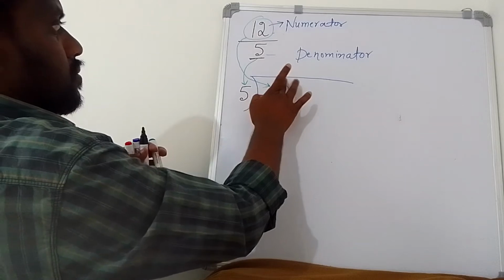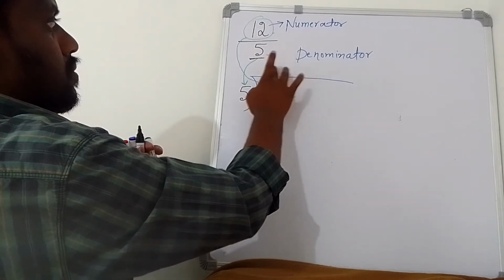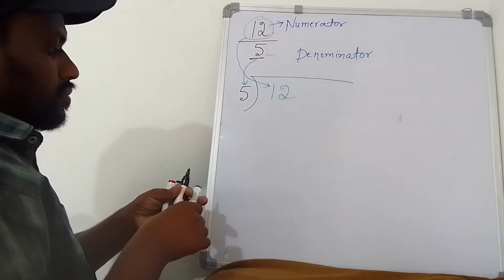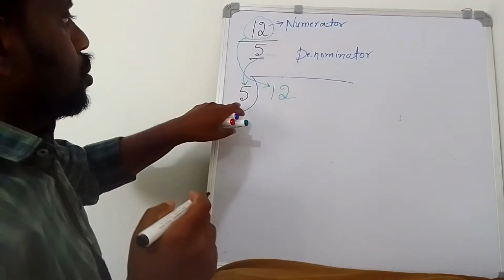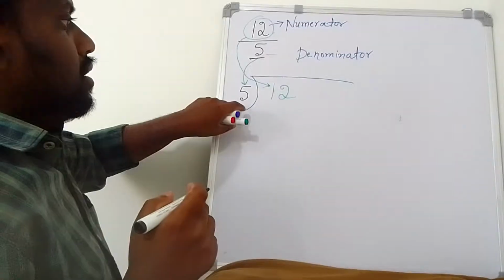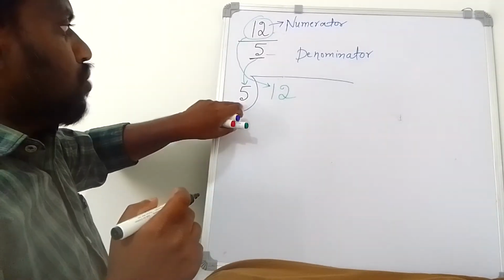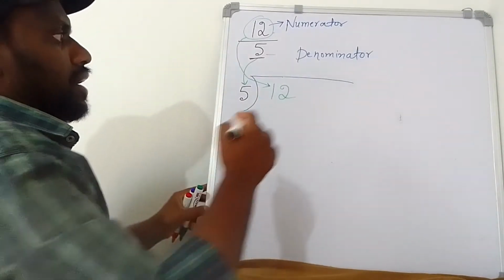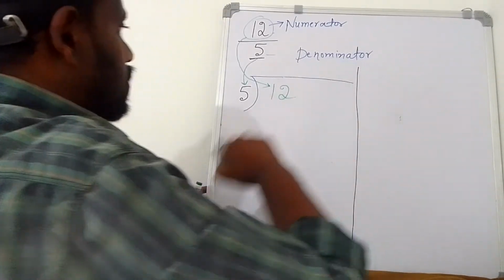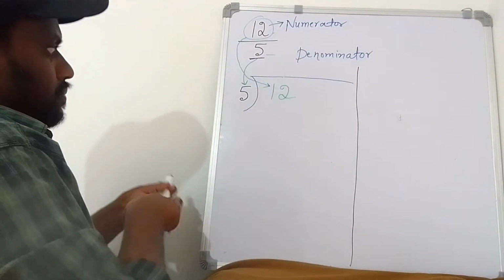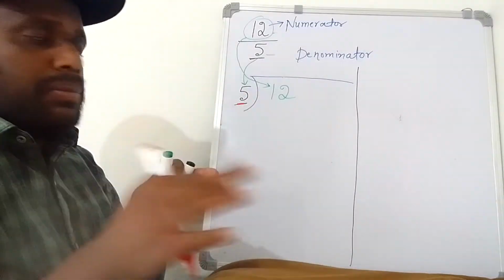Next, write the table of 5 on the right side somewhere, for your convenience to understand.